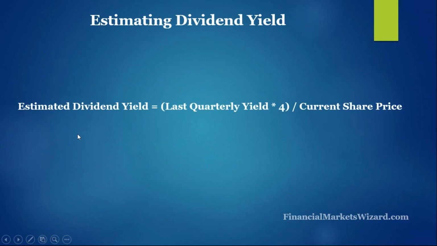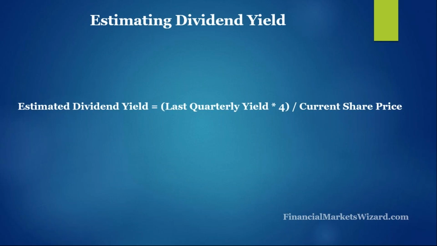Next is estimating the dividend yield. If you want to estimate the dividend yield, you just take the last quarterly dividend, multiply by 4 and divide by the current share price. Or you can take the last 4 dividends, add them up and then divide by the current share price.